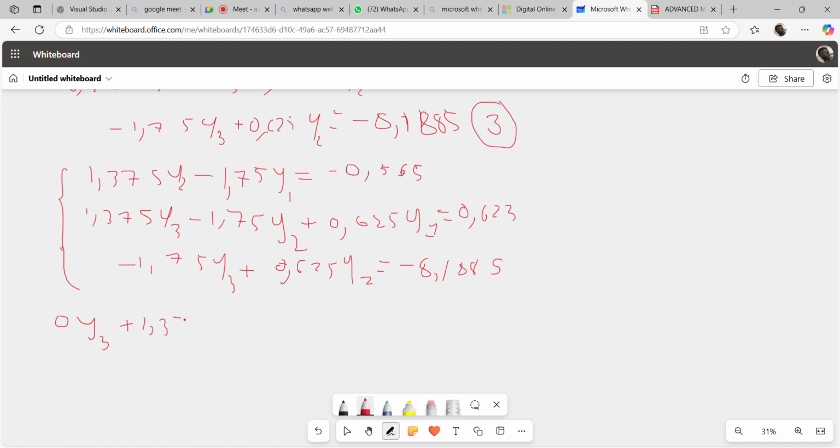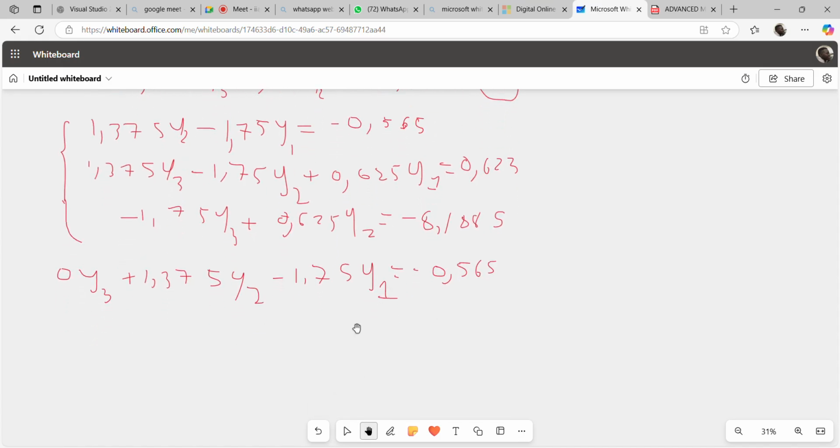Plus 1,375 y2 minus 1,75. I don't have a silver calculator with me, but I will try to remember. To be equal to minus 0,5657. That's expression 1.